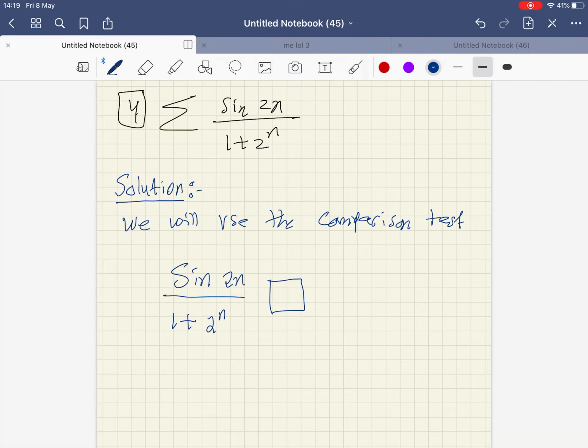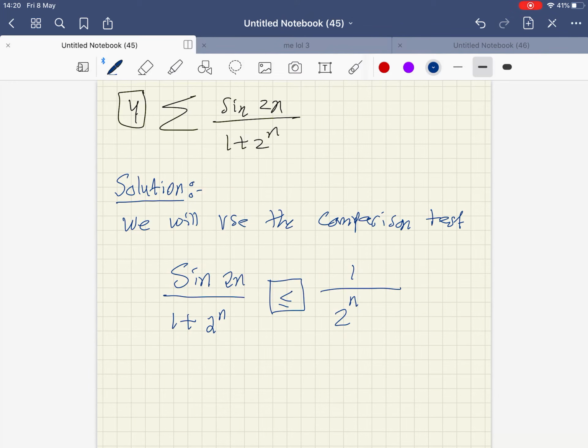Then we need to compare it with something. Usually sine is less than 1, and we compare it with the dominant term. I'm sure this is correct in that way. Maybe we just have to check if this is correct or not. Yeah, I think it's correct.